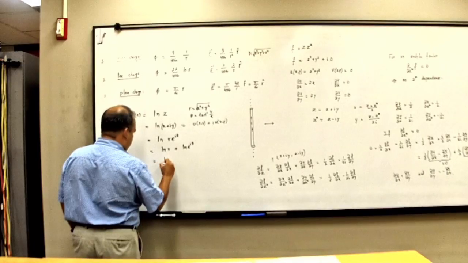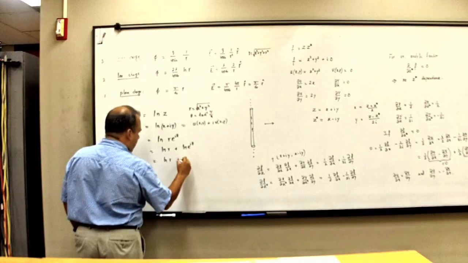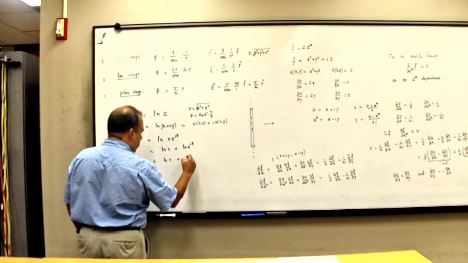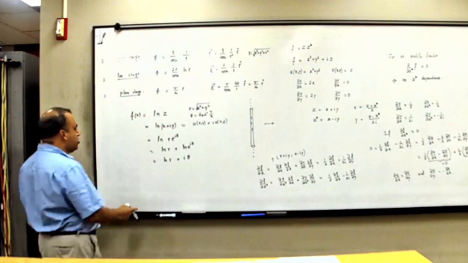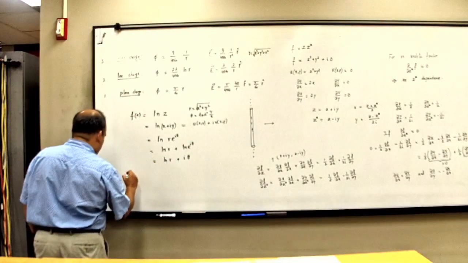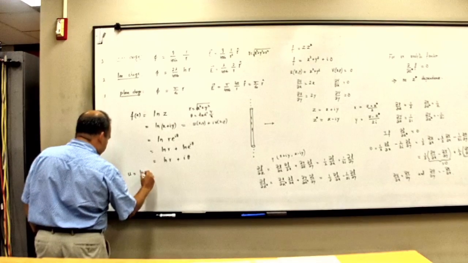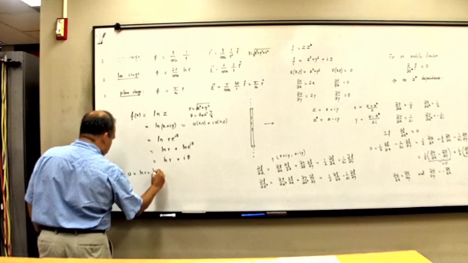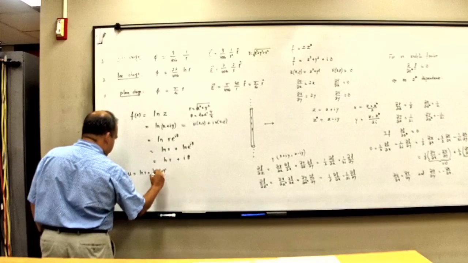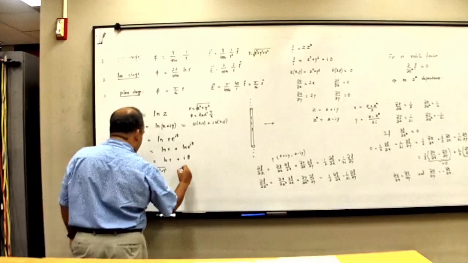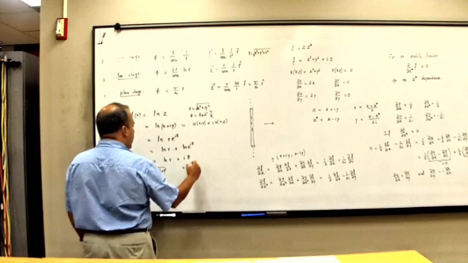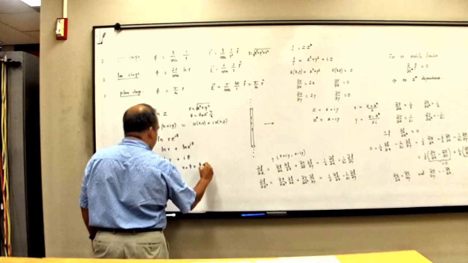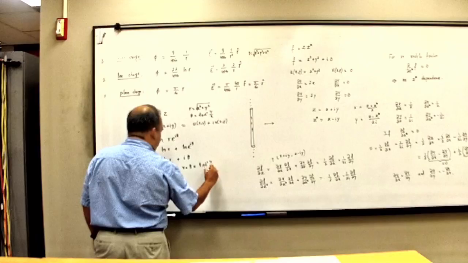That's the same as log of r plus i theta, since log and exponential cancel out. So my u is equal to log of r, which is log of the square root of x square plus y square, and v is equal to theta, which is equal to tan inverse of y over x.